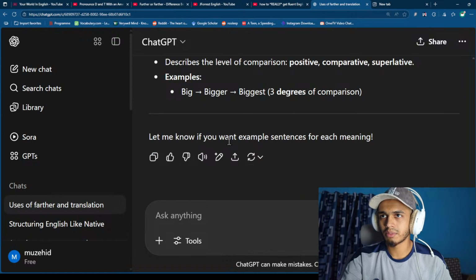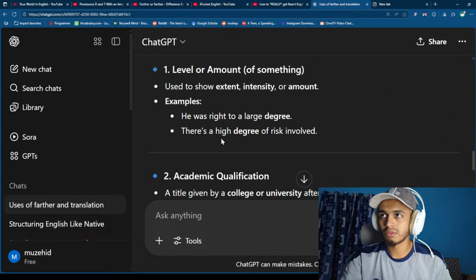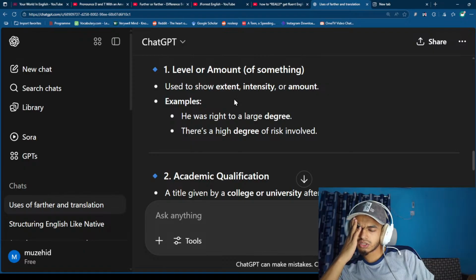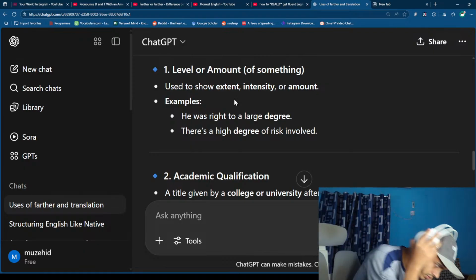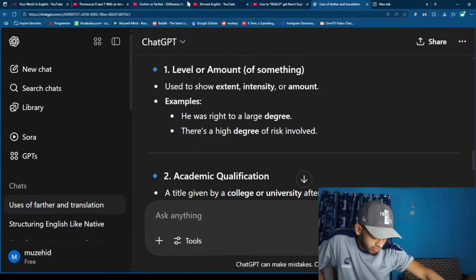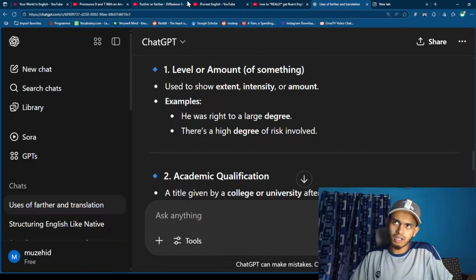So this one is another meaning: used to show extent, intensity, or amount.